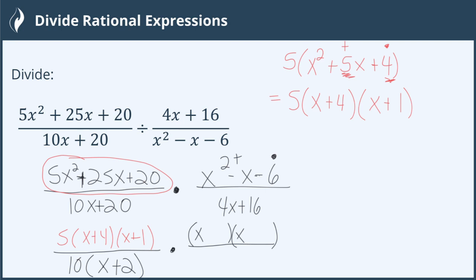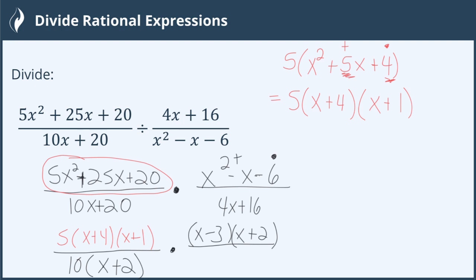So think about what multiplies to 6. We could have 1 and 6, or we could have 2 and 3. So since we want it to multiply to negative 6, one of those has to be positive, one has to be negative. So in this case, we're going to pick negative 3 and positive 2 as our two numbers, because negative 3 and 2 add up to negative 1. So that is why we split that up there.